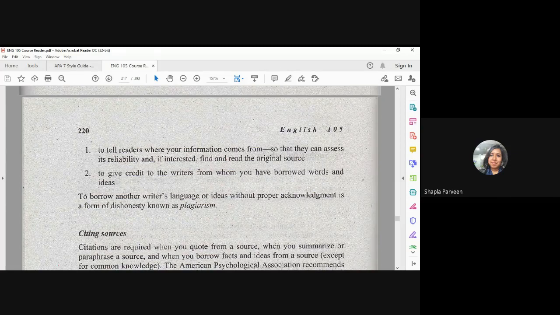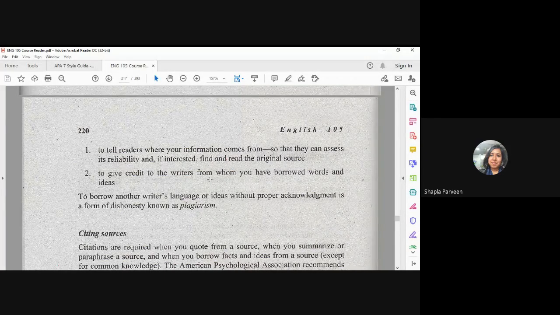So to borrow another writer's language or ideas without proper acknowledgement is a form of dishonesty known as plagiarism. So as I said, in order to avoid plagiarism, you must provide the source documentation. So here is why it is important.